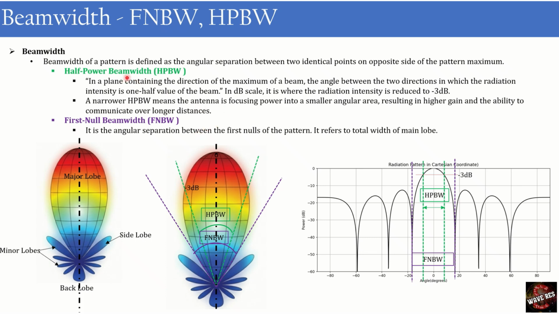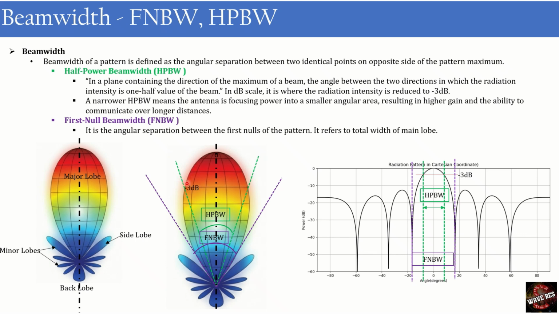In the case of half power beamwidth, when we are considering the radiation pattern and it is normalized, the name itself indicates that it considers the points where the power is reduced to half. If we are considering the power in dB, the reduction will be minus 3 dB.